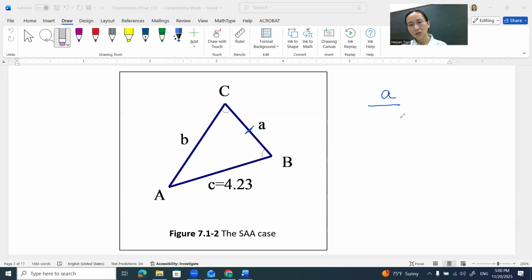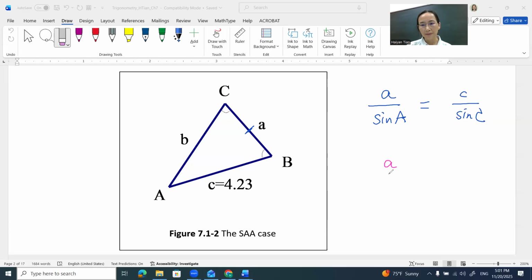So a over sine A equals, we cannot use b because b is also unknown, so let's use c over sine capital C. If we substitute the values we know, a we don't know, but everything else we know already. So what is sine A? Capital A is found, right?